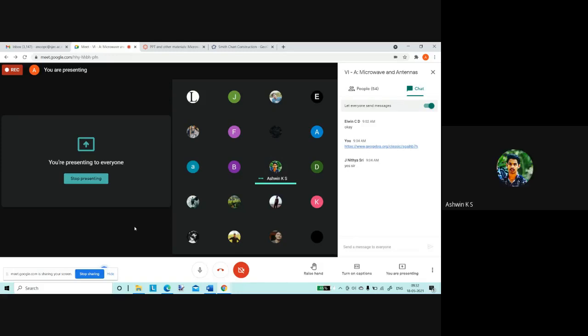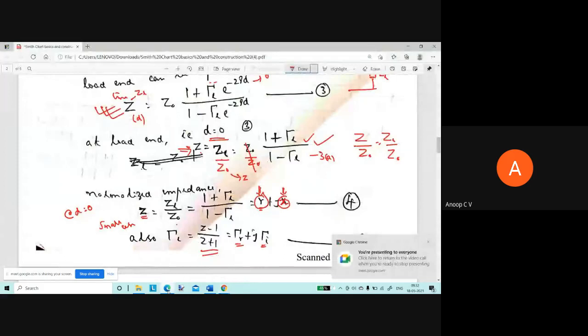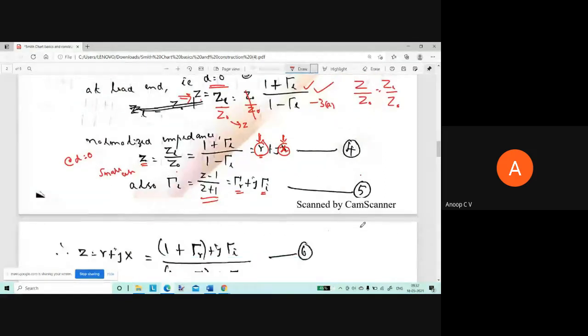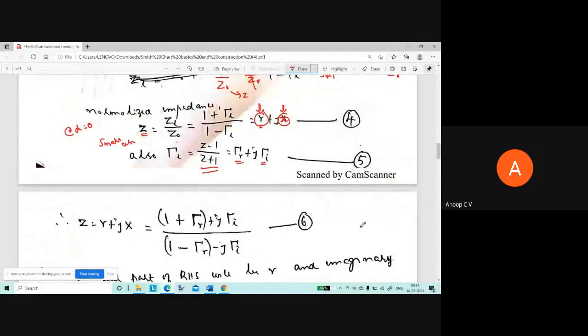So we have till here. Equation number 5 is there. So this is the construction of the Smith chart, what I'm discussing now. Now what we can do is write Z as R plus JX.